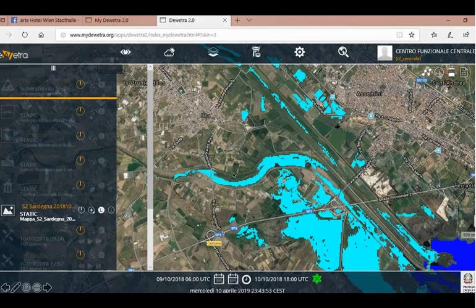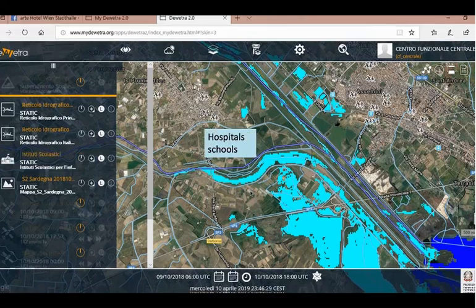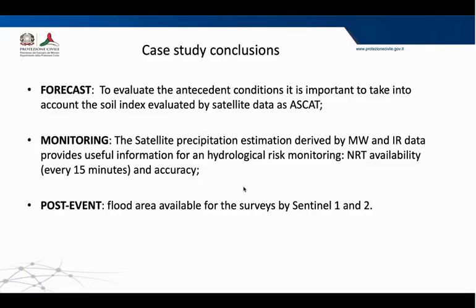So after that, in the post-event, we have the monitoring also using satellite data, Sentinel-2 in particular, and we can overlap this information directly in our system with rivers, hospitals, schools, railways, streets, and that helps us to understand where we have to firstly check the situation when we have a large area.